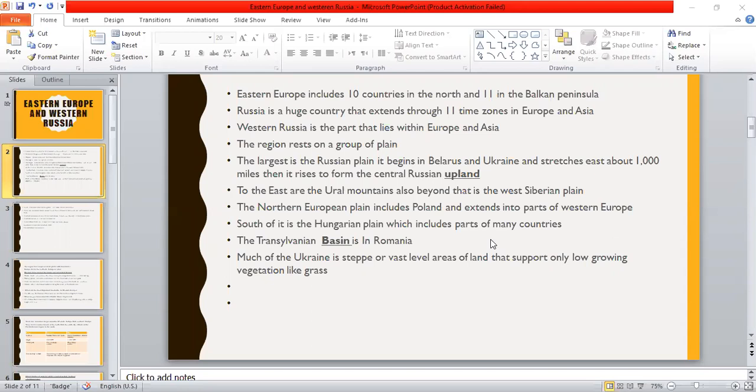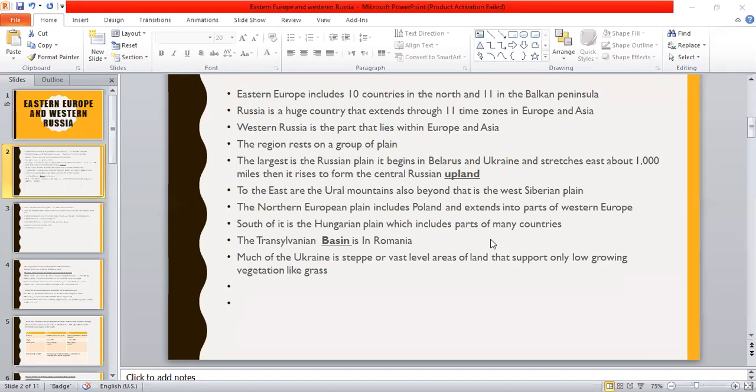Who can add more? I expect it to be cold because it is upland, and the higher you go, the colder it is.